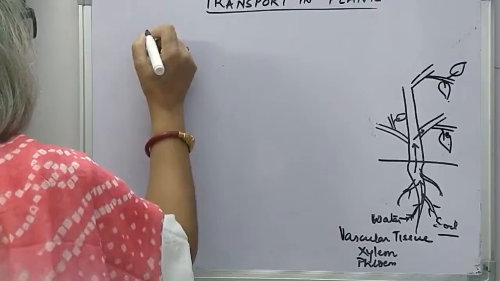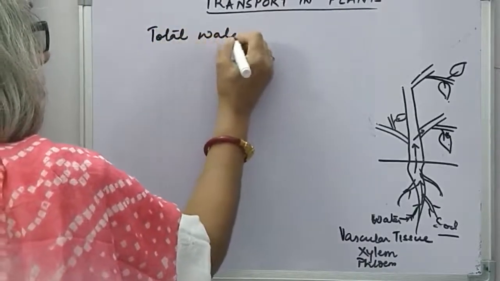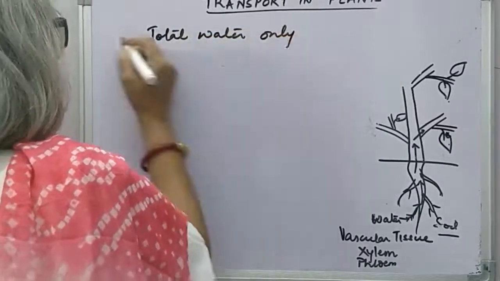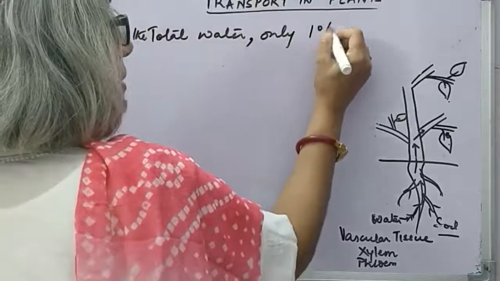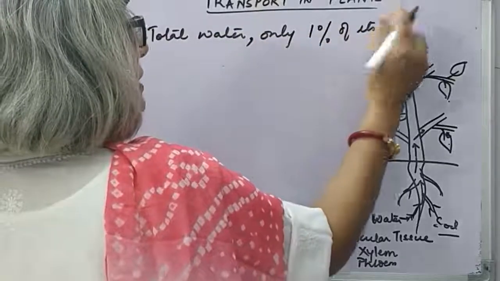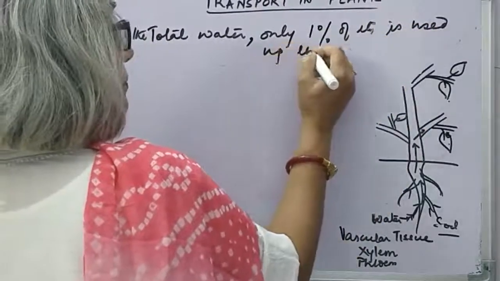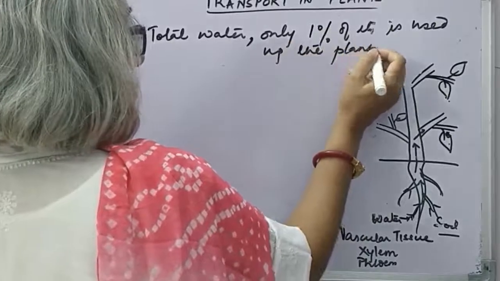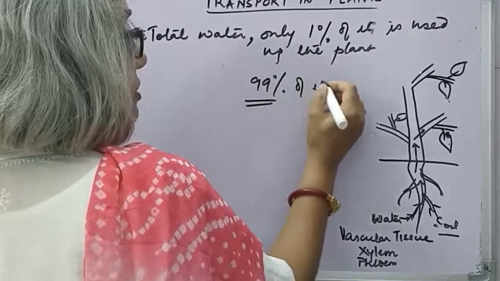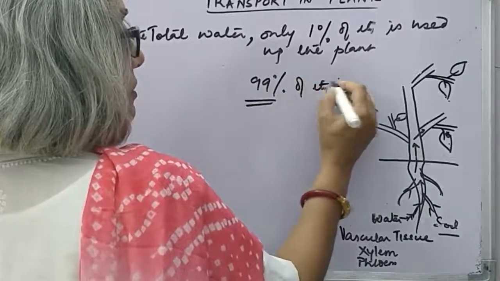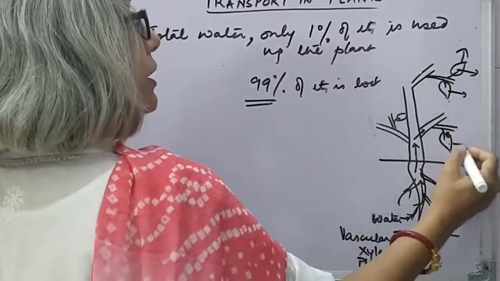Of the total water that is absorbed, only 1% of it is used up by the plant in processes like photosynthesis, whereas 99% of it is lost by the process of transpiration through the leaves.